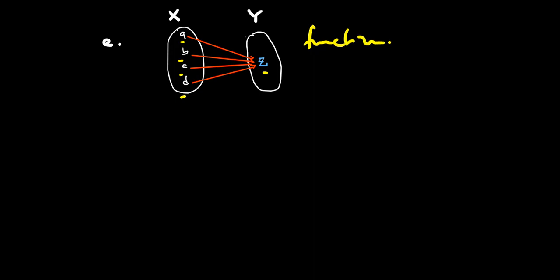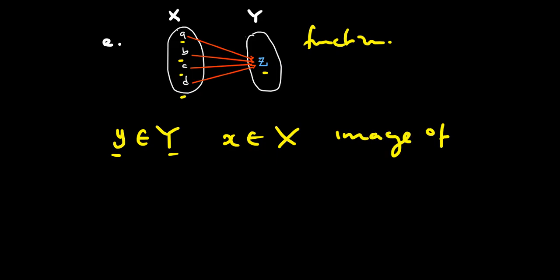Now, for the function, the unique elements to which they are being mapped, the y's in the set y, are the elements being related to the x's in x. These y's are called the image of x, and the image is denoted as f of x.